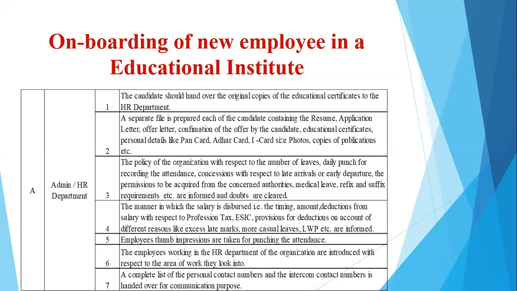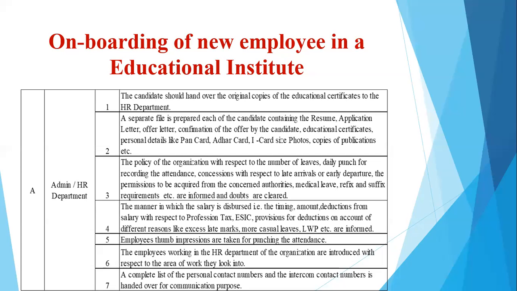Initially the candidate should hand over the original copies of the educational certificates to the HR department, where the HR department will then create a separate file for each faculty member containing all the necessary details, like offer letter, confirmation of the offer by the candidate, educational certificates, PAN card, Aadhaar card, ID card size photos, copies of publications that a faculty member has come up with, and so on.